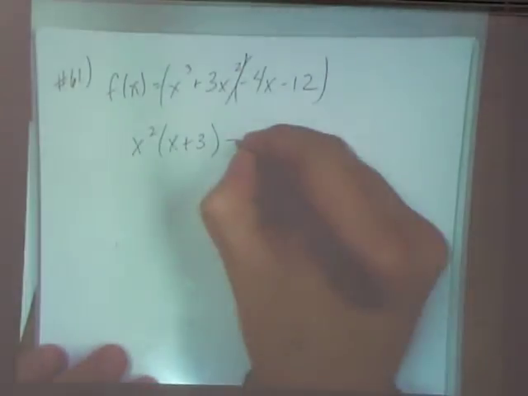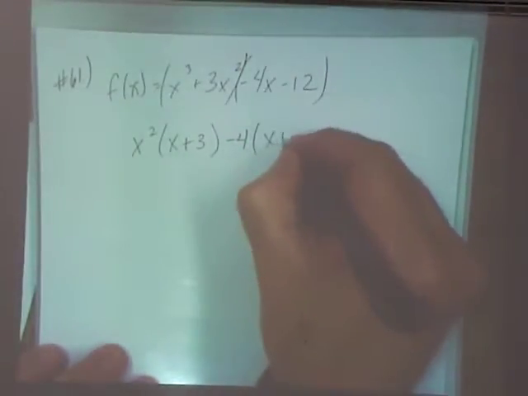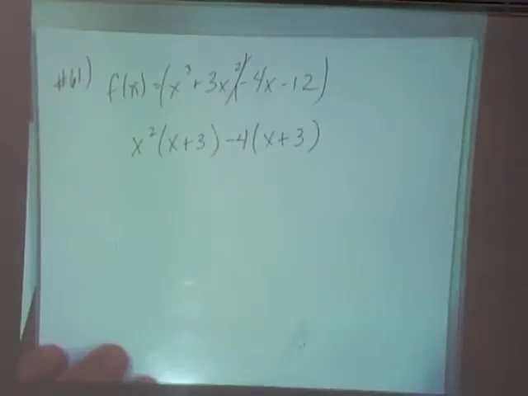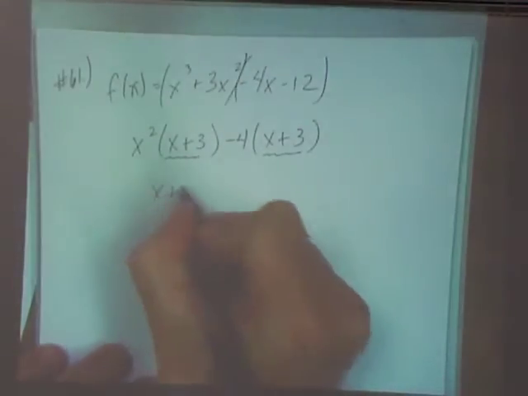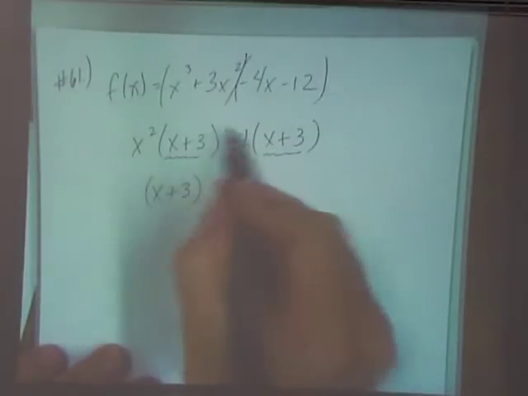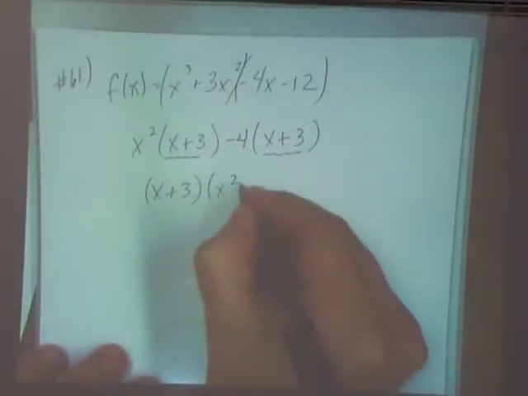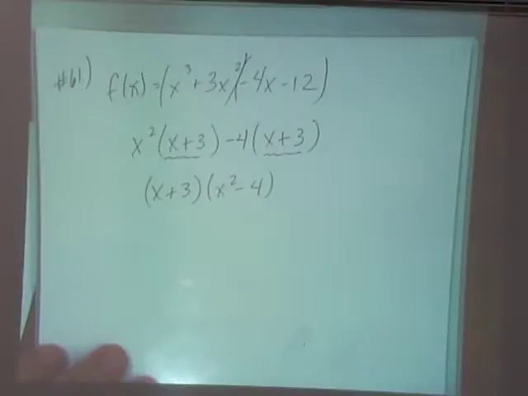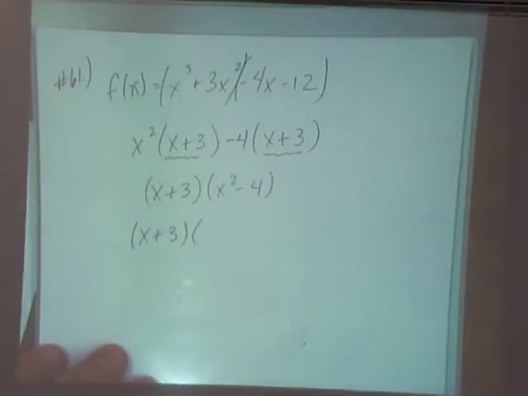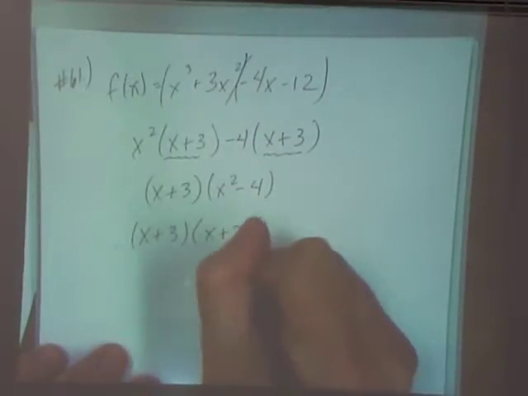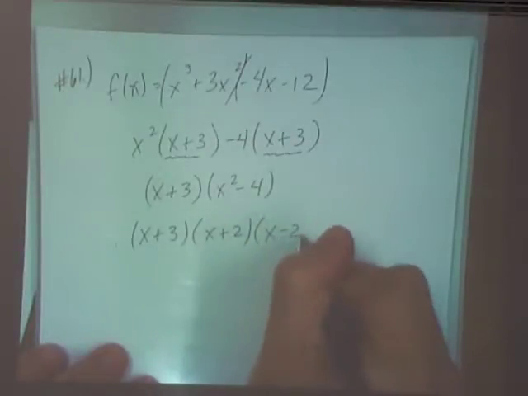I can pull out a negative 4. That leaves x plus 3. What's inside the parentheses is the same, so I did it right. So let's write that down, x plus 3. Then we'll write down what's on the outside of the parentheses, x squared minus 4. I can group that, and I can factor that some more. Difference of 2 squares, x plus 2 and x minus 2.